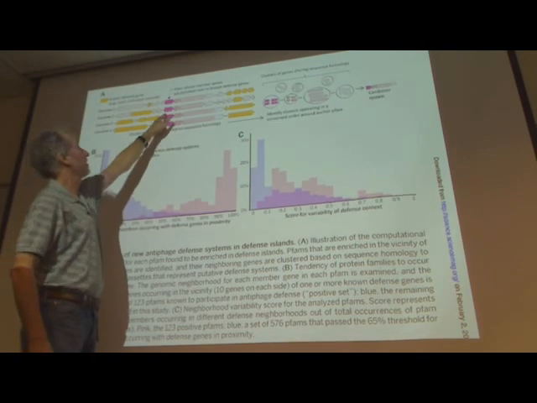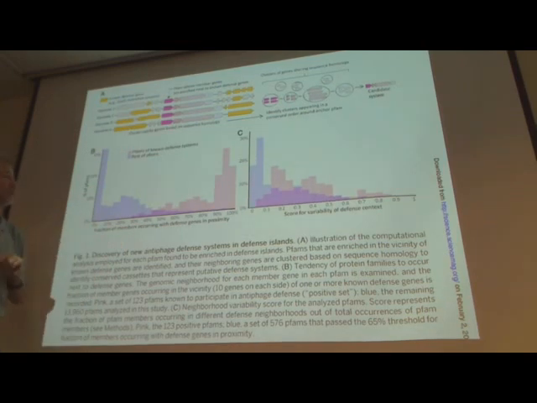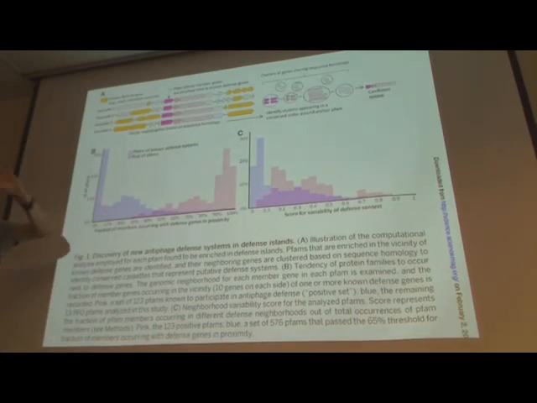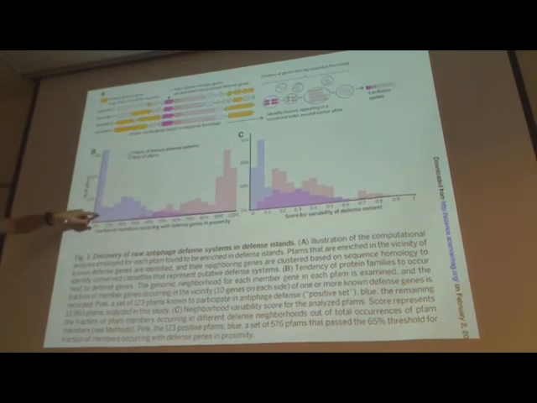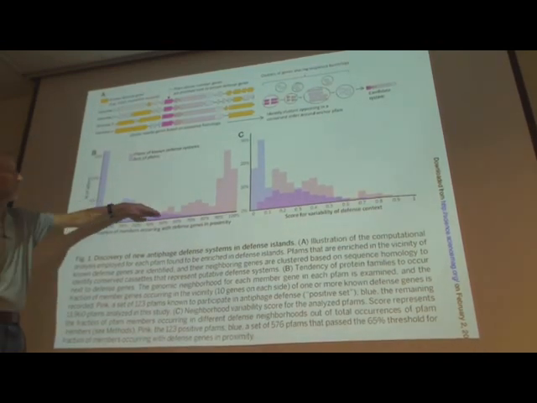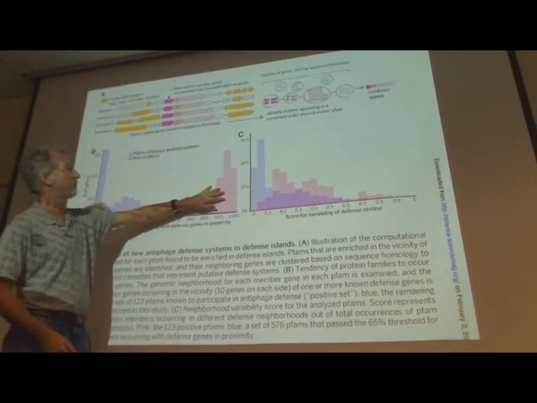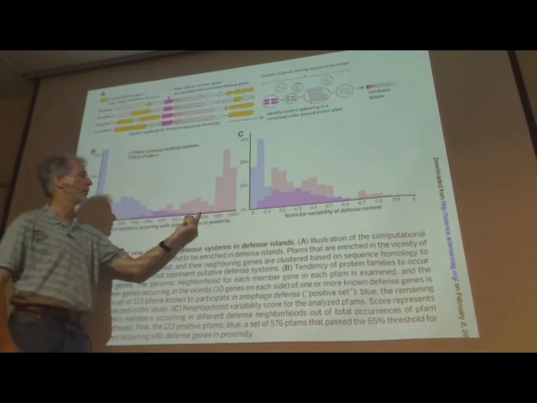Once they had identified these open reading frames that were clearly associated with known defense genes, this is a plot of that: the fraction of members occurring within gene proximity versus, for an entire genome, what fraction of the open reading frames are found within 10 open reading frames of a known defense gene? Most of them are not. And then here are the PFAMs, and it's these way over here that they're looking for. These are known defense genes which are clearly clustered to each other. And so they're looking at these open reading frames.